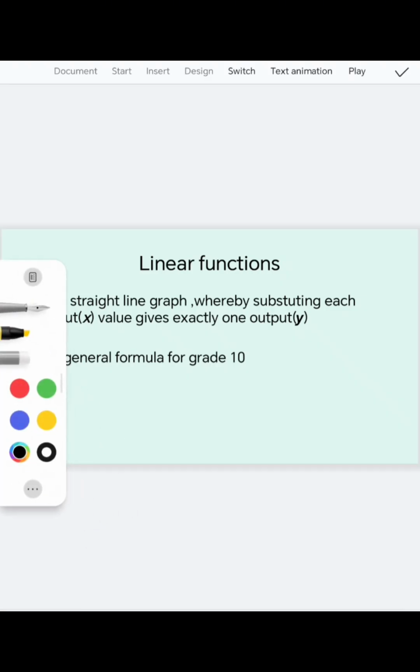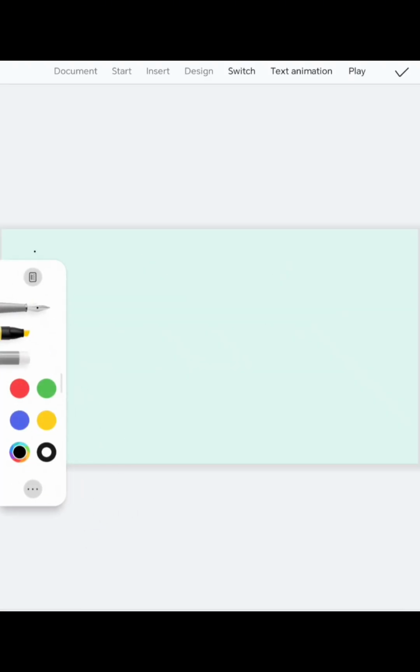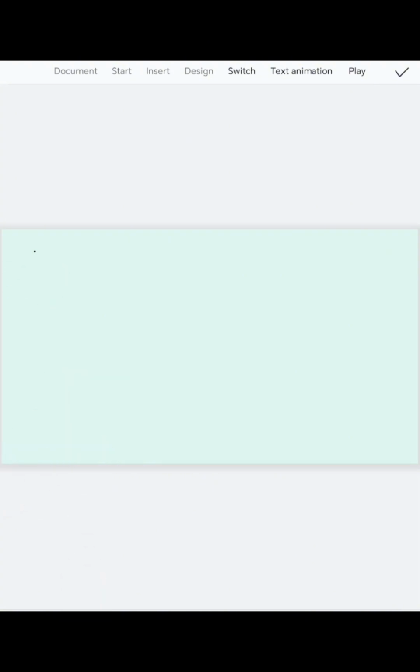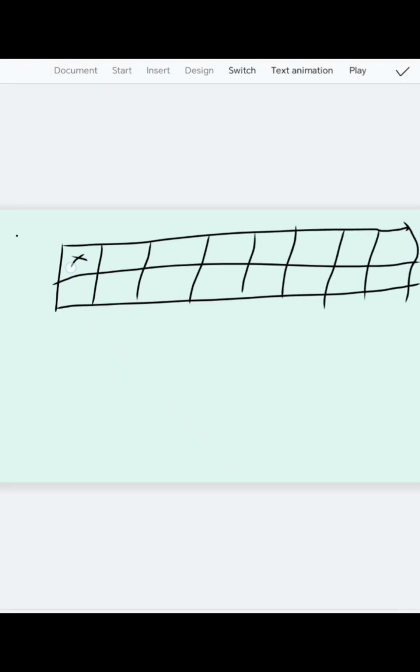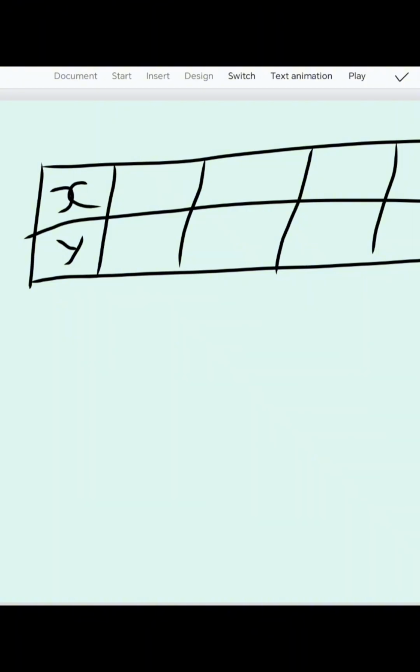So let's continue. Now let me give you the examples in grade 9 that you did about linear functions. In grade 9 you learned something like this table. They said here is x and here is y.